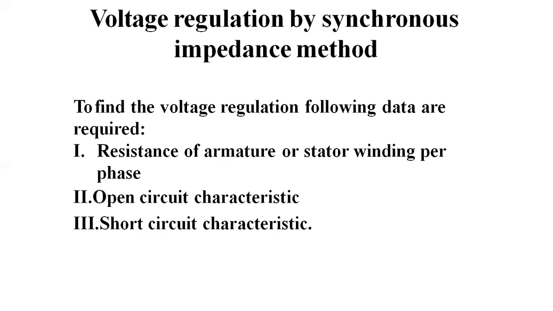To find the voltage regulation, we need three data: armature resistance, open circuit characteristics, and short circuit characteristics. Obviously armature resistance R_A we need to know.